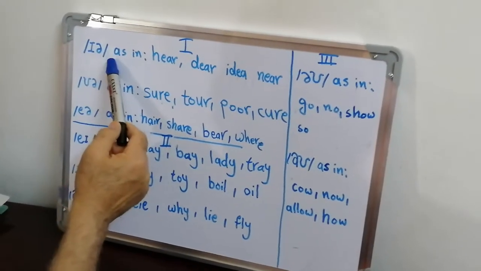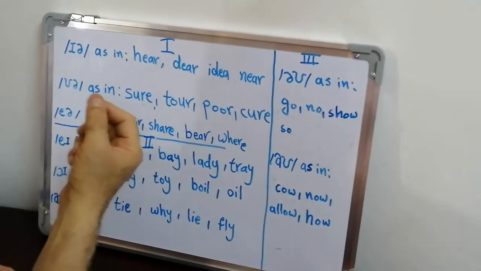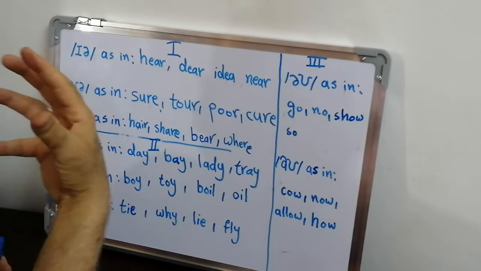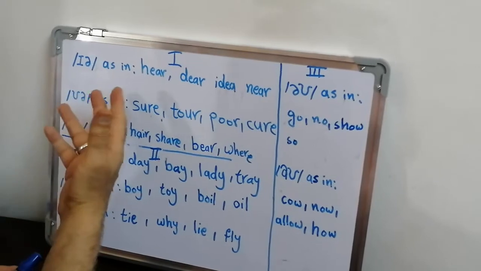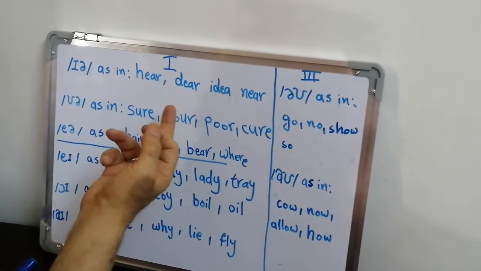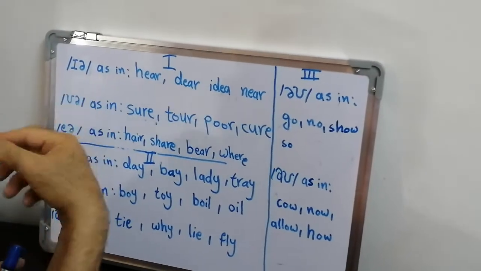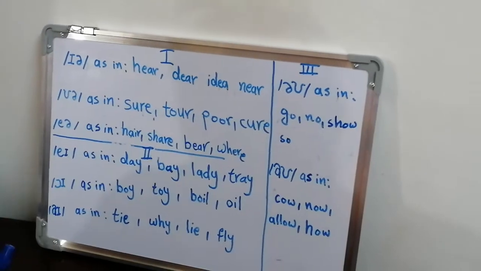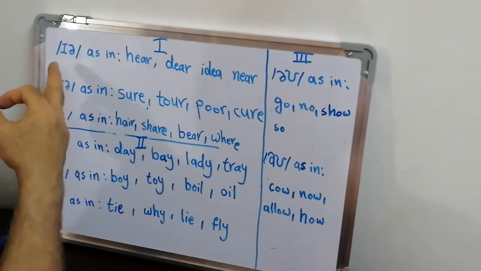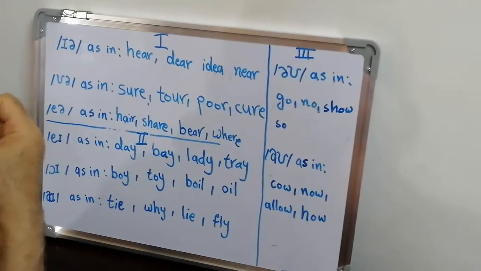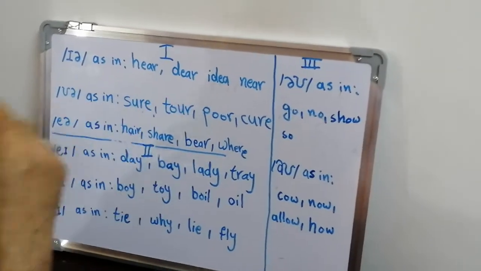This vowel sound is ear. In order to remember this sound, I suggest that you remember a word through which you remember the vowel sound. For example, take the word dear. When you remember the word dear, you remember the sound, and you can also guess that the words here, idea, near have the same vowel sound.